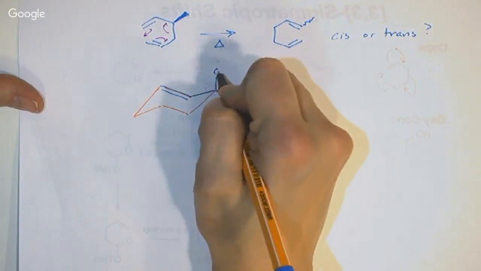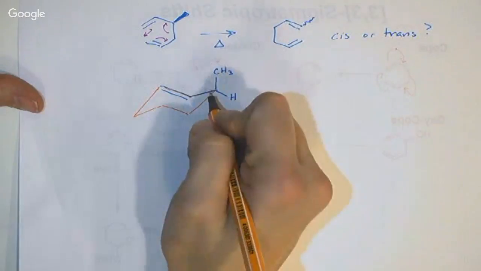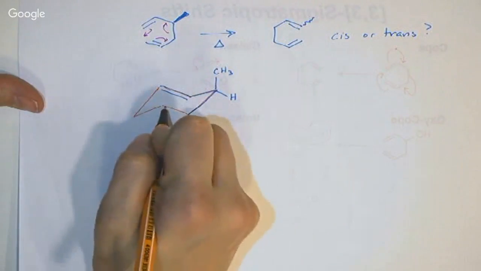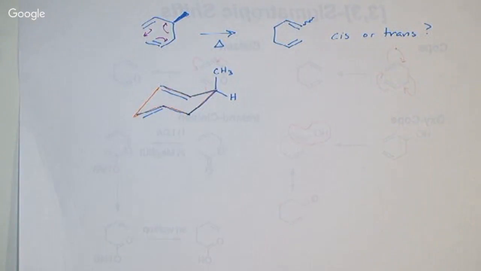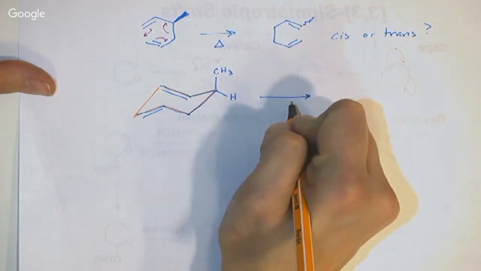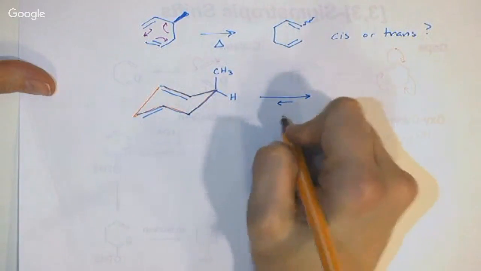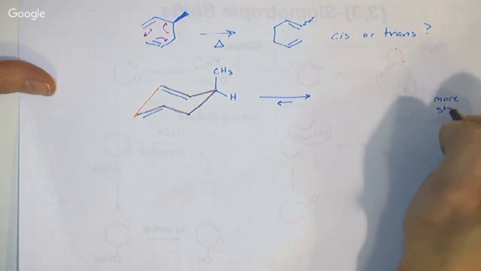The methyl group is sticking up, so I have to put it in an axial position. And then I've got just a plain methylene, and then another CH2. So if I look at this chair transition state, I can ask myself, is this the most stable conformation? And you would say no. So we need to do the ring flip to a more stable conformation.